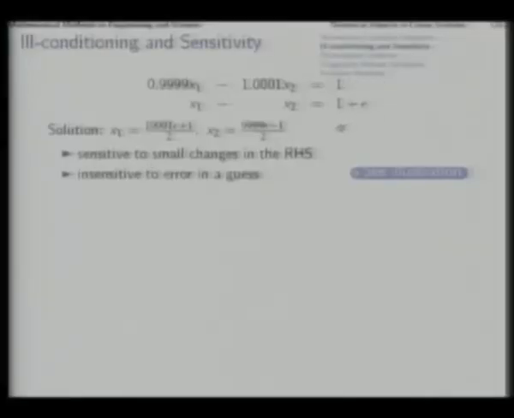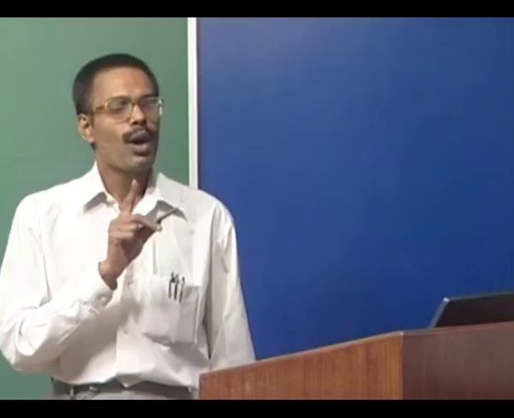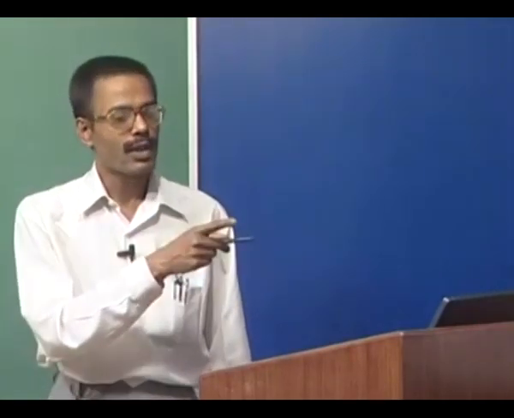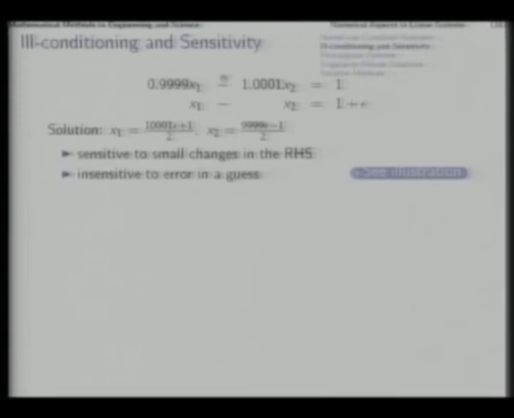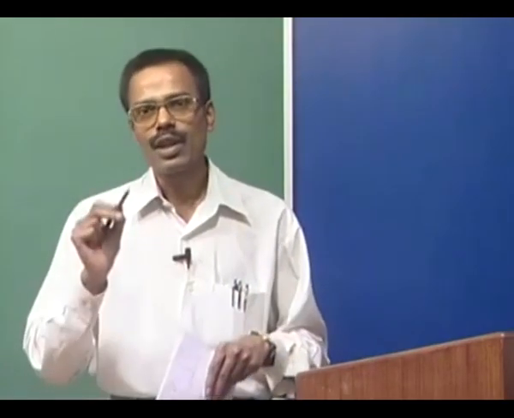Why is this dangerous? Because all numbers that we get in practical situations are results of measurements or other calculations. Now, any measured data or any result of calculations will be susceptible to some small errors.